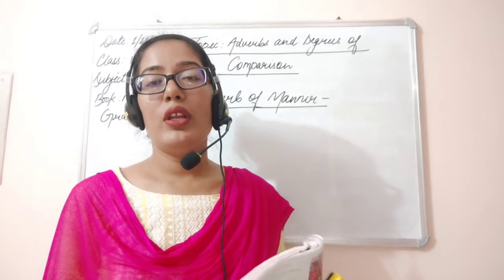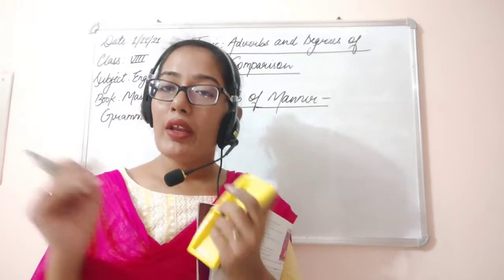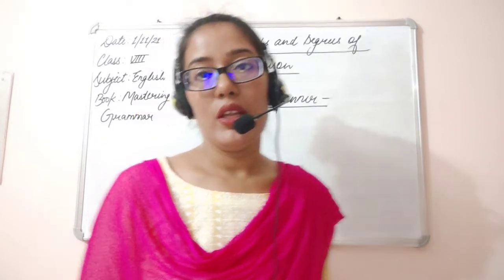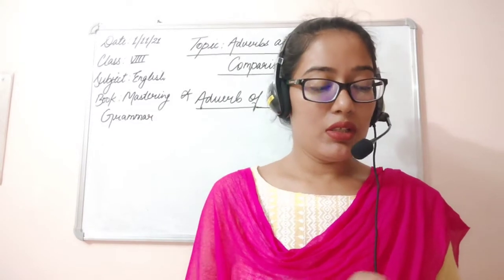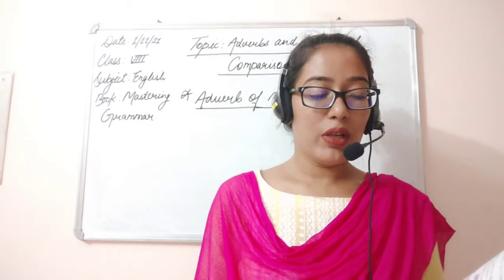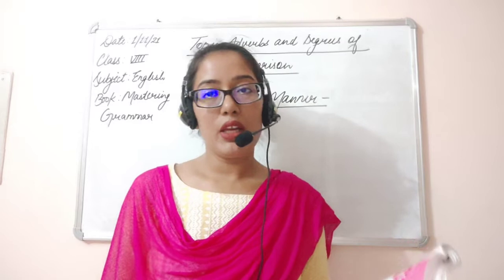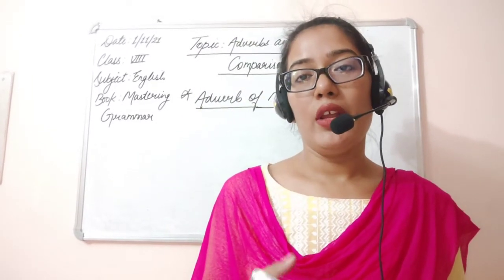So, what is adverb of manner? In which you see in what manner the action took place or in what way the action took place. Means they tell us about the way an action took place or the manner in which it took place. किस manner में या किस way में action held हुआ.